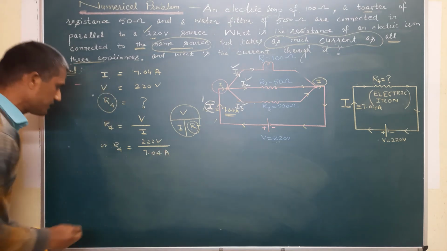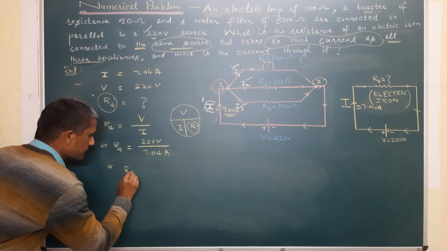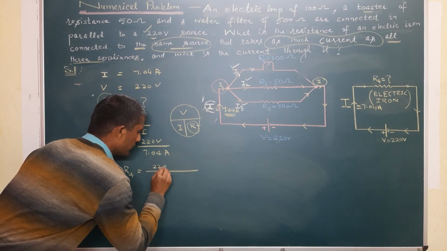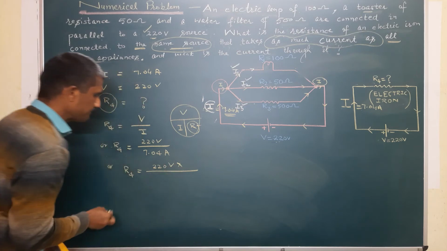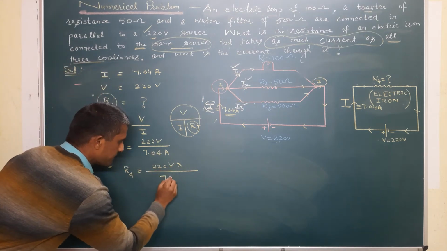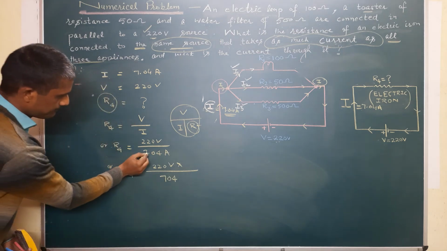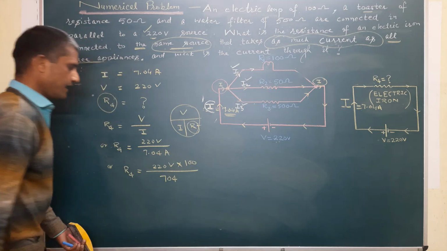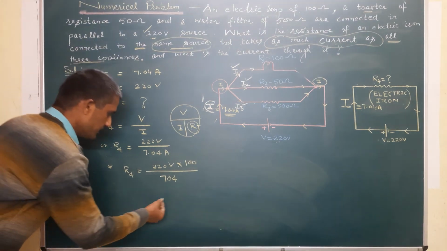Now we are going to solve it. The resistance of the electric iron R4 is 220 volt divided by 7.04. We remove the decimal, and it becomes 100. Let us solve it.